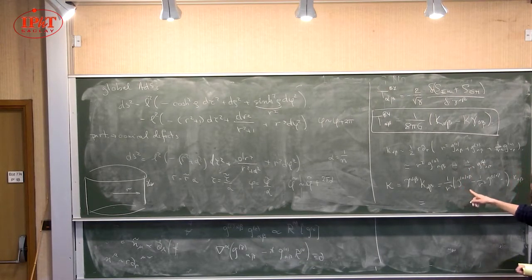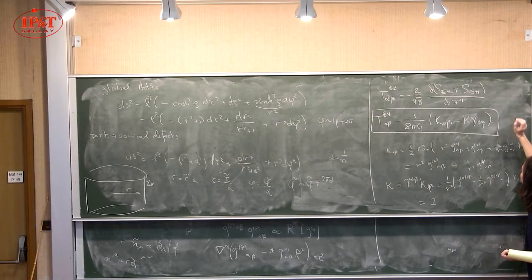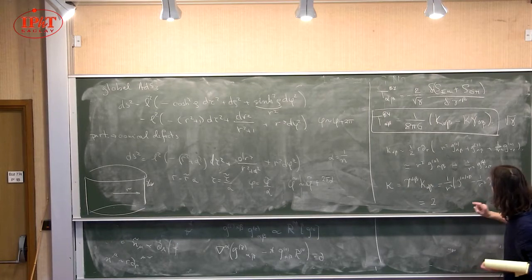So when I multiply this by this, I get the trace of g0. That's 2 because I'm in 2 dimensions. And then this term is going to be too small. I also have a square root of gamma here, to check.